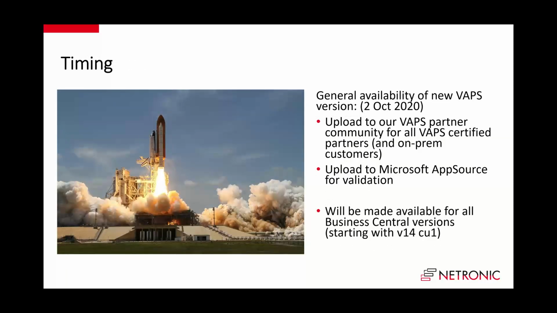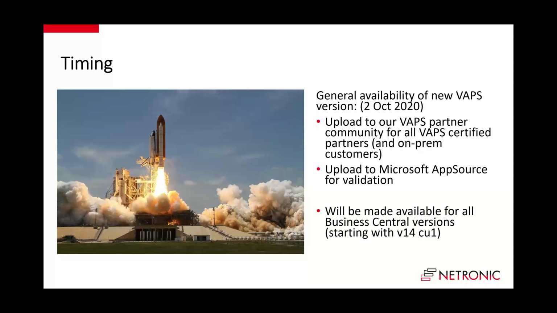So we plan to make this new version 1.3 of the Visual Advanced Production Scheduler available this week on Friday, the 2nd of October. This means we will upload it to our VAPS partner community for all VAPS certified partners and for the on-prem customers. On the same day, we also upload it to Microsoft AppSource for validation by Microsoft.